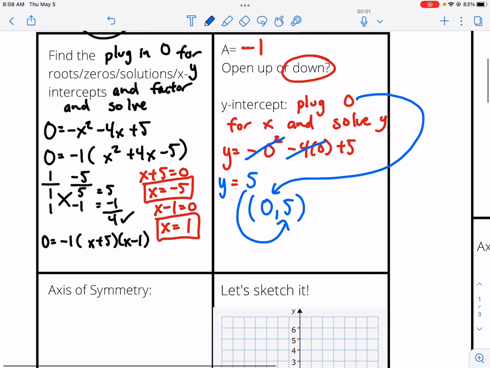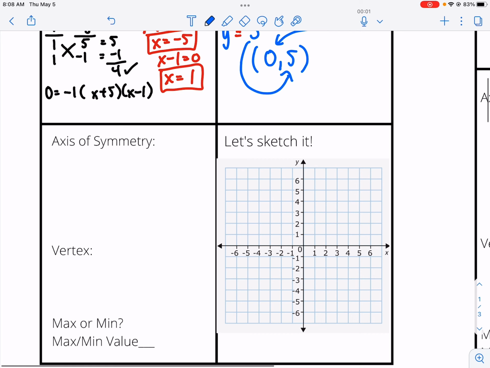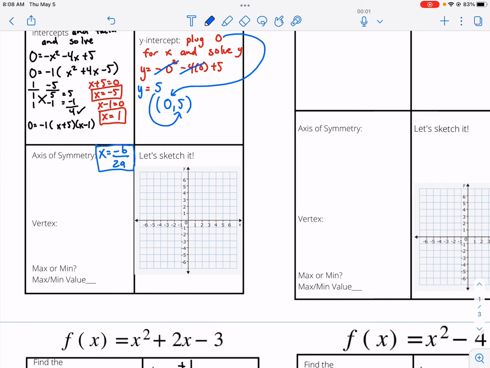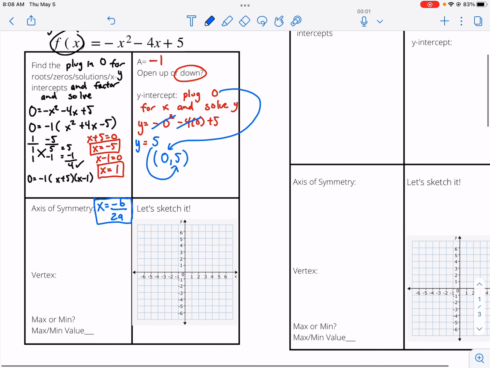Alright, moving on to the axis of symmetry. For the axis of symmetry, we're going to use our new formula that we just learned. X is equal to negative b over 2a. Definitely need to memorize this one. For axis of symmetry, let's go ahead and label our original a, b, and c. So a is equal to negative 1, b is equal to negative 4, and c is equal to 5.